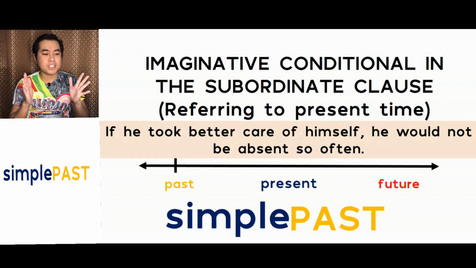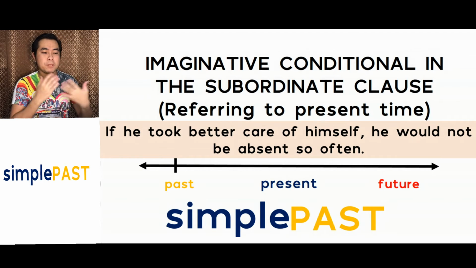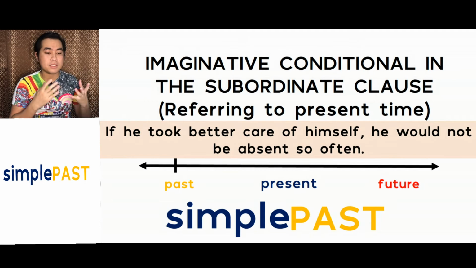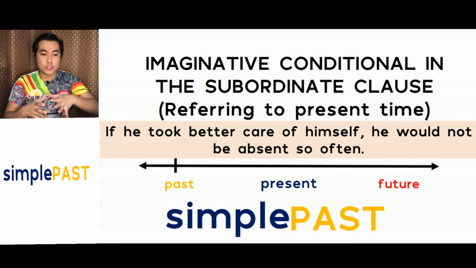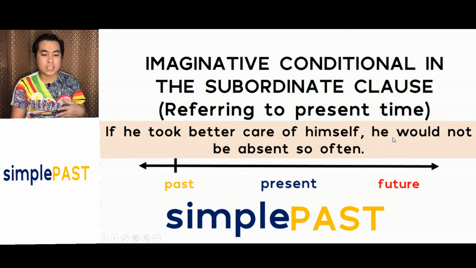Imaginative meaning, had he experienced this, or had he taken care of himself in that period of time, and then you could see the reference to the present time in the next clause, which is he would not be absent so often.